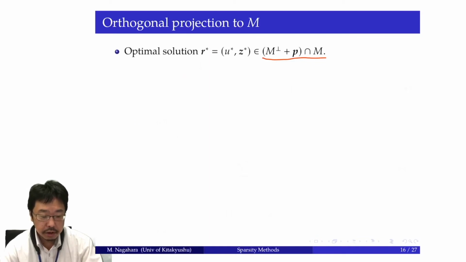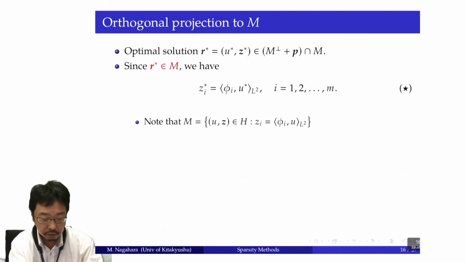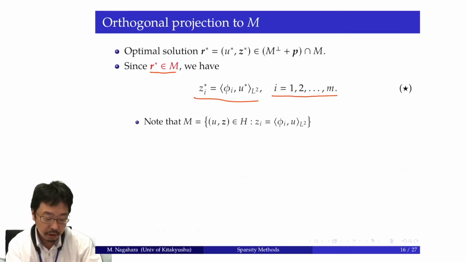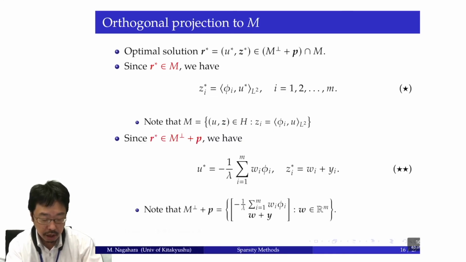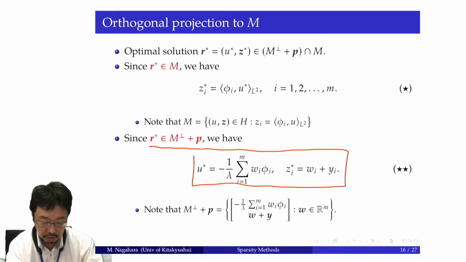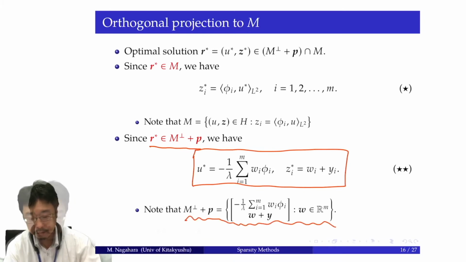First, since r asterisk, the optimizer, is in the set M, we have this relation for each i, 1, 2, to m, from the definition of M. Next, since the optimizer r asterisk is also in M perp plus p, we have this equation because M perp plus p was given by this.